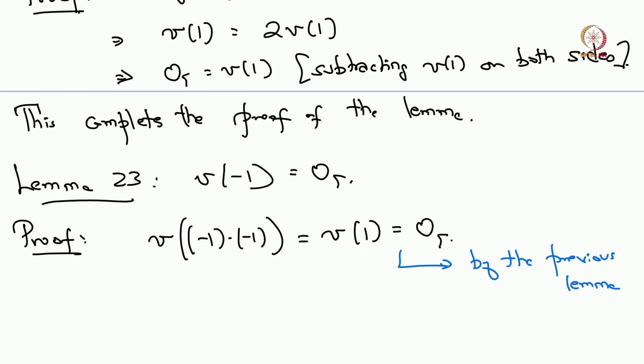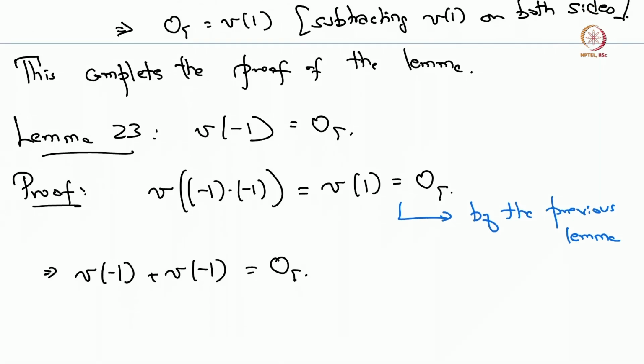But if you multiply two elements and take the valuation, that's just the sum of the valuations. So the left hand side is the valuation of minus 1 plus the valuation of minus 1. Now that equals the identity element of gamma. So we get that 2 times the valuation of minus 1 is the identity element of gamma.